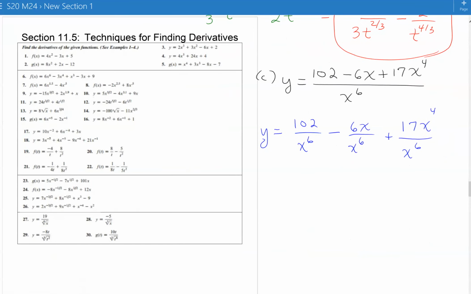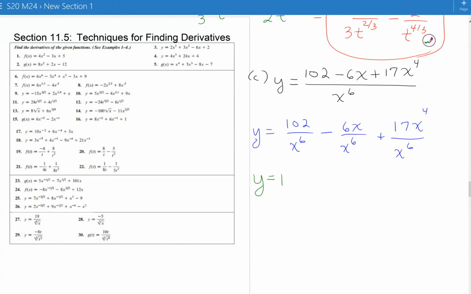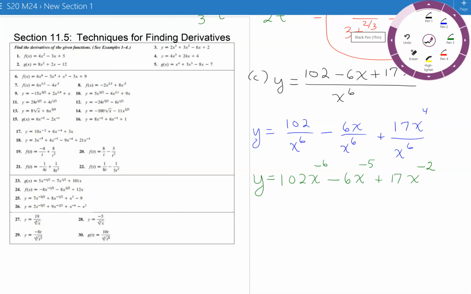So notice I'm still rewriting y. I'm not doing the derivative yet. I'm going to rewrite this as 102x to the negative 6 minus 6x to the negative 5 plus 17x to the negative 2 using our exponent rules that we reviewed. Now I can do the derivative.